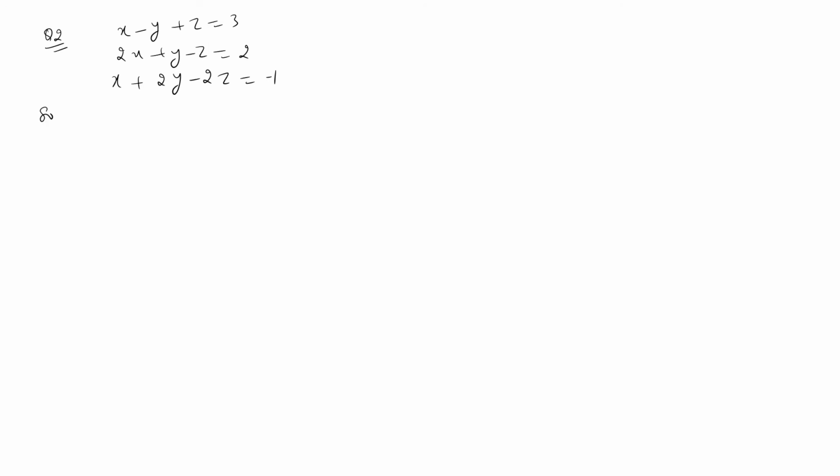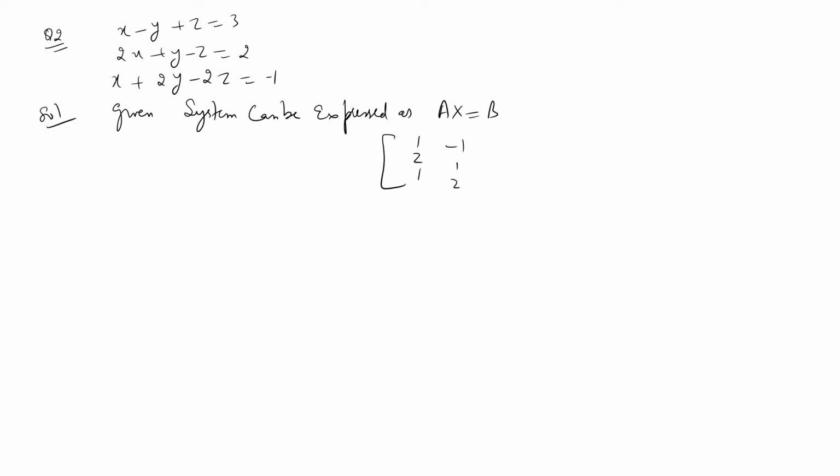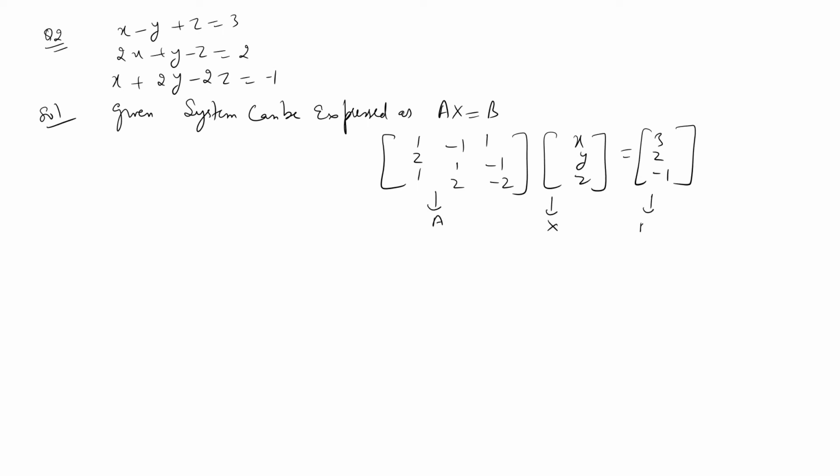So again, the given system can be expressed as Ax equal to B, where A is the coefficient matrix, x is the variable matrix, and B is 3, 2, minus 1.